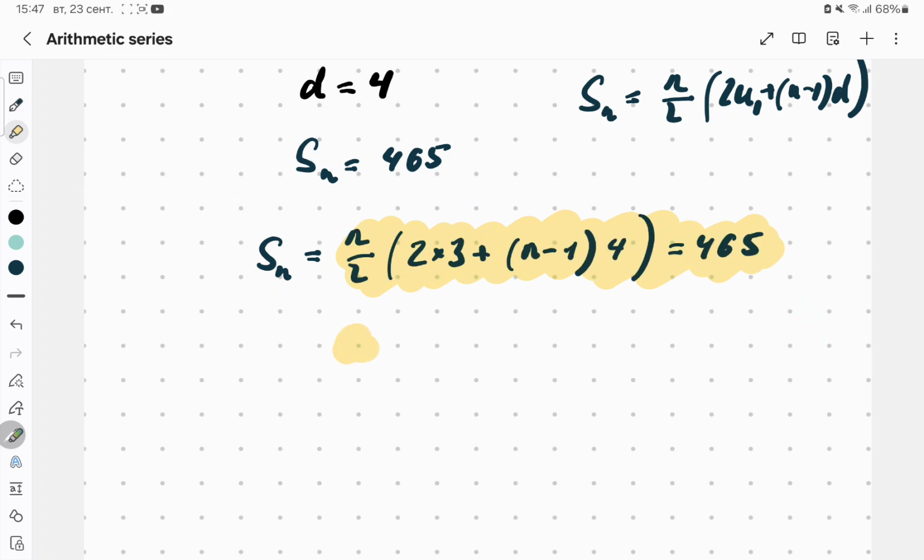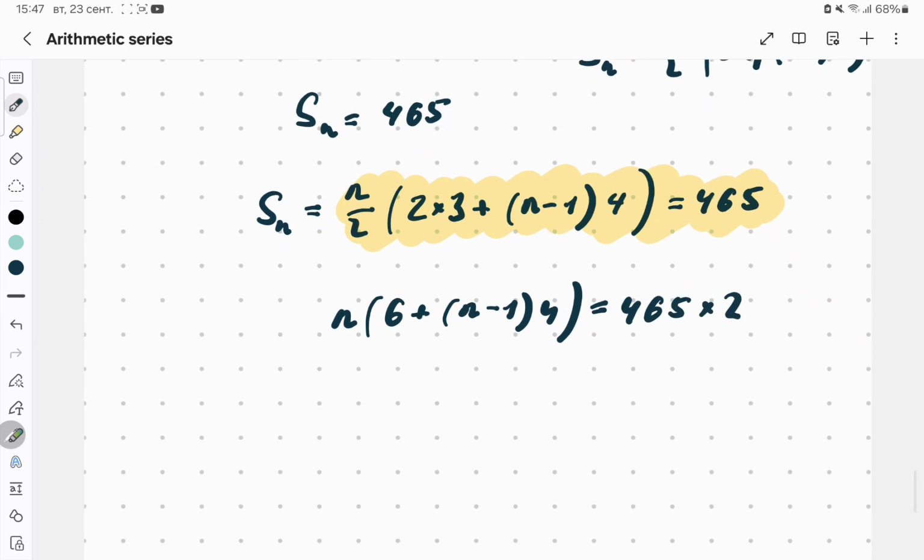Let's simplify first. Let's multiply everything by 2, so n times (6 plus (n minus 1) times 4) is equal to 465 times 2. Okay, let's open the bracket. 6n plus 4n squared minus 4n is equal to 930.